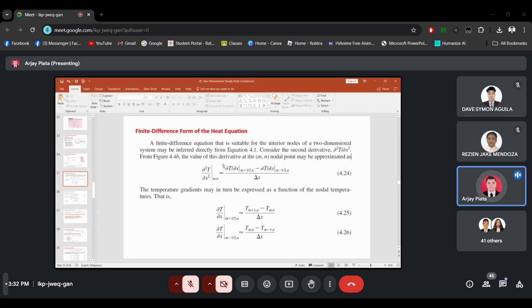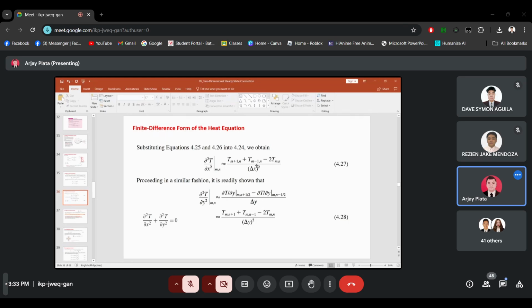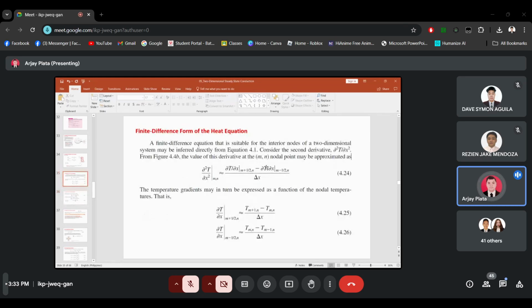If we combine this partial squared T over partial x squared, we can use this equation: partial T over partial x minus partial T over partial x at specific boundaries. So we will add this one. Or can you multiply?